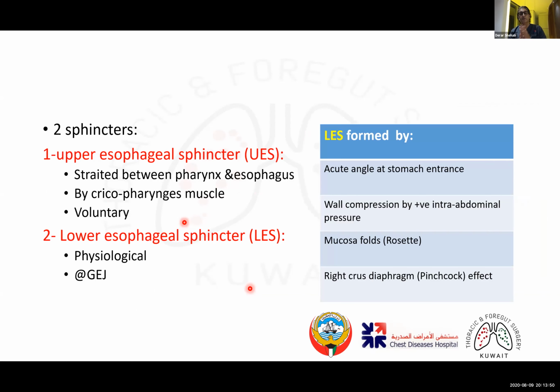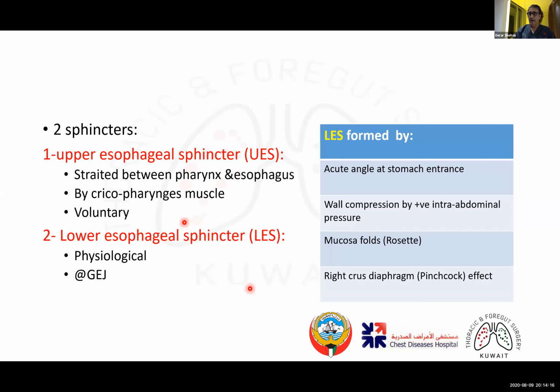An important piece of information is that we have two sphincters in the esophagus. The upper esophageal sphincter is a true sphincter. It is voluntary, made mainly of the cricopharyngeal muscle, whereas the lower esophageal sphincter is a physiological sphincter. This is not a true sphincter, and is made up of both anatomical and physiological barriers.